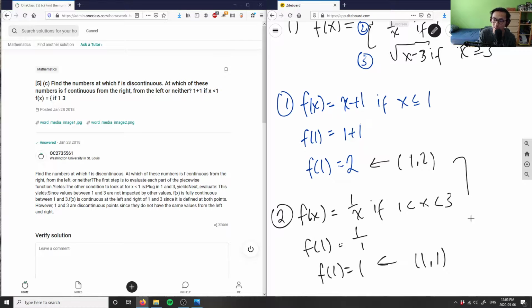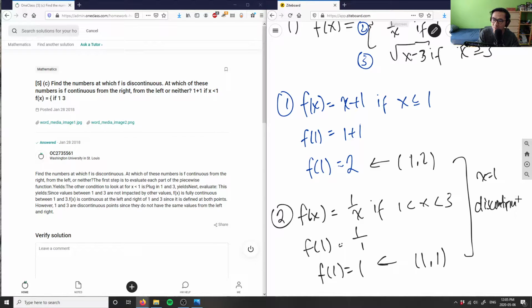Because these 2 points are not the same, when x equals 1 it is a discontinuous function. So if x equals 1, it is discontinuous.